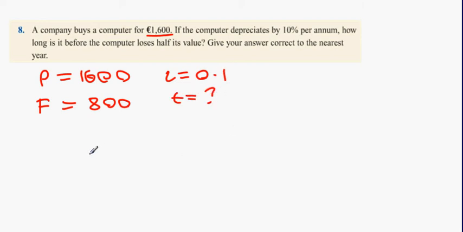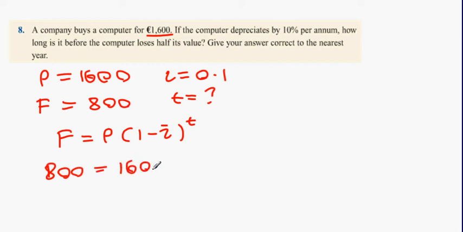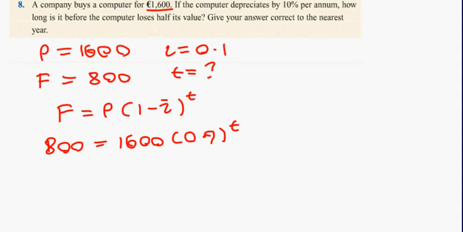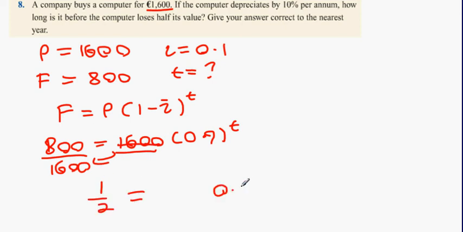So what we're going to have here is F equals P times (1 minus i) to the power of t. So we have 800 equals 1,600 times 0.9 to the power of t. Now divide both sides by 1,600, and we get a half equals 0.9 to the power of t.